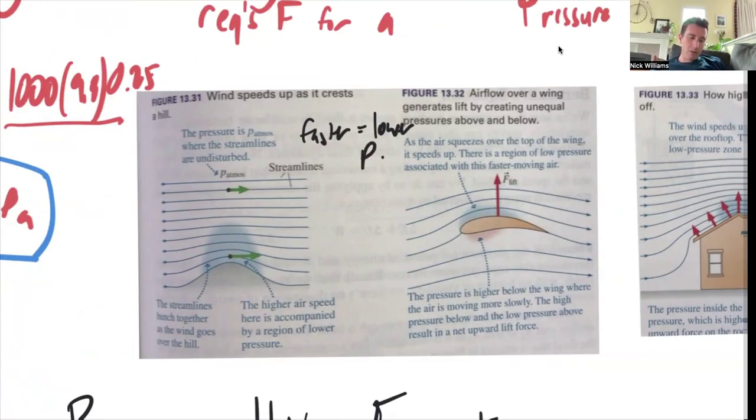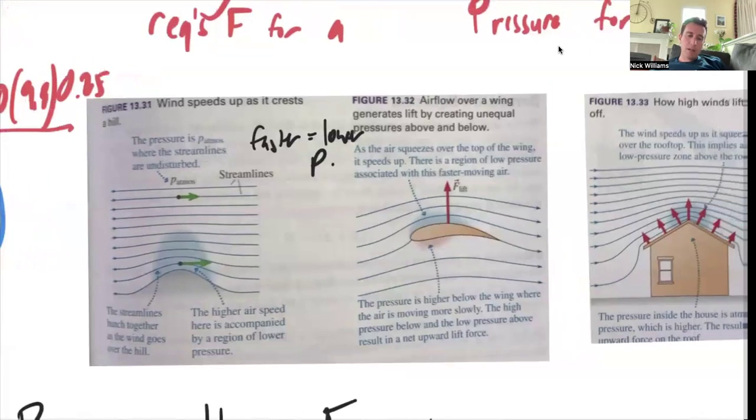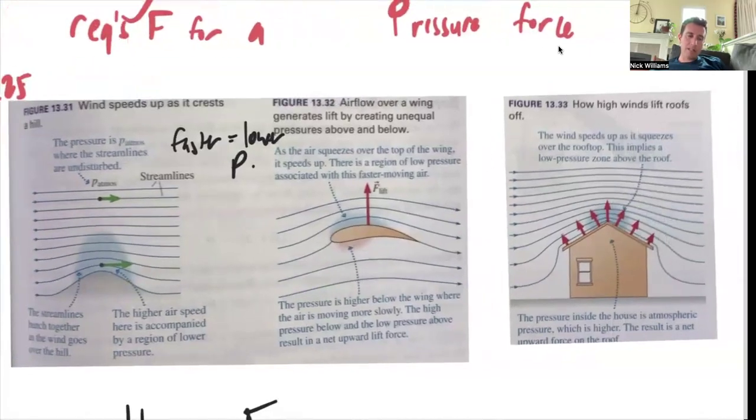So the faster it goes, the lower the pressure is. This gives us airflow over a wing, creating lift. Over the top, I have faster wind going over the top than on the bottom. So I have lower pressure on the top than the bottom. And so I see a lift force going up like this.